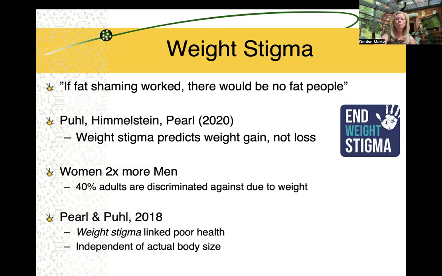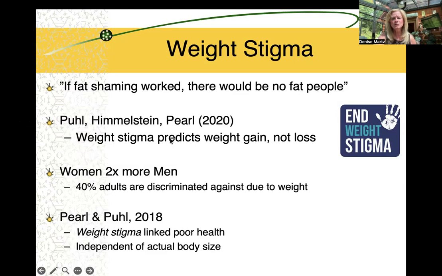Okay. The problem is fat shaming and being the recipient of that oftentimes backfires. Rebecca Puhl, she's up at Yale, has done some really interesting research. She has found that being the target of weight stigma, you would think that would predict weight loss and smaller bodies, but it actually backfires for most people. It is painful to be the recipient of any type of prejudice and bias and stigma.